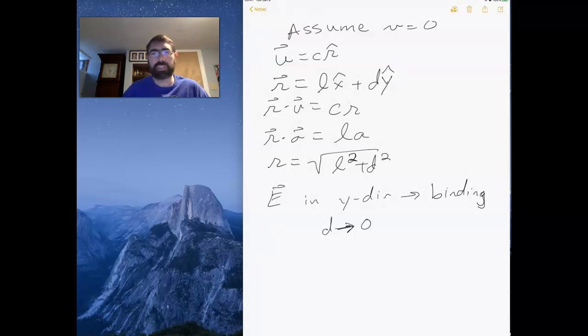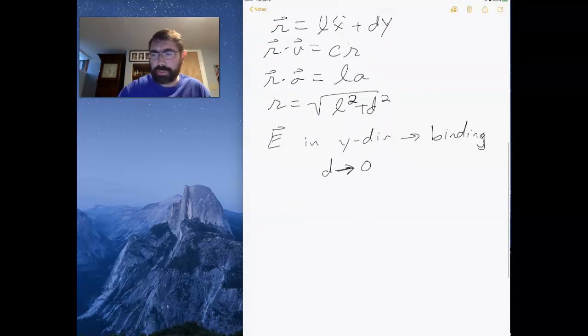We're only looking at the electric field component that's in the x direction. Okay, so therefore, the component of u in the x direction would be c times L over r. We get that from our triangle.